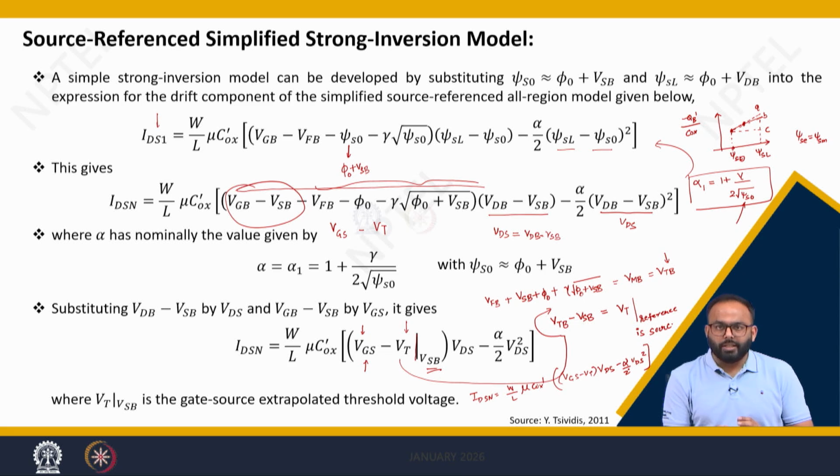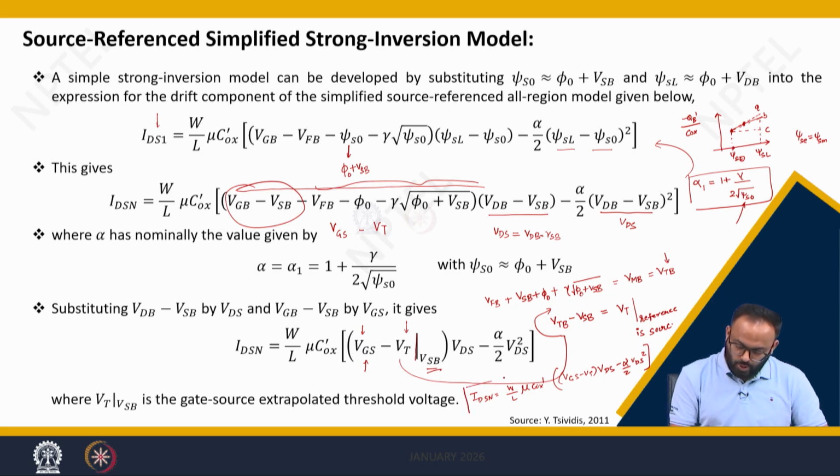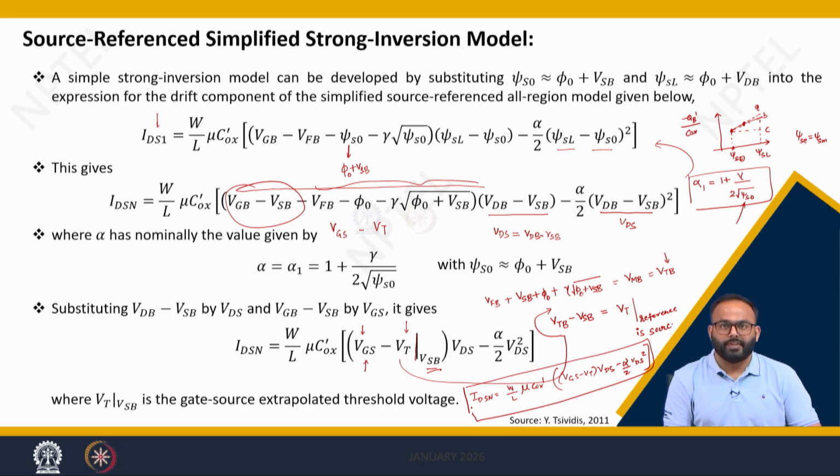If you see closely, this is the simple equation which we use in our hand calculation, but you see the story behind the depth of this derivation. We have to have a lot of approximations like body reference, source reference, and then we come to this closed form equation which we use in general for hand calculation for MOSFET analysis.